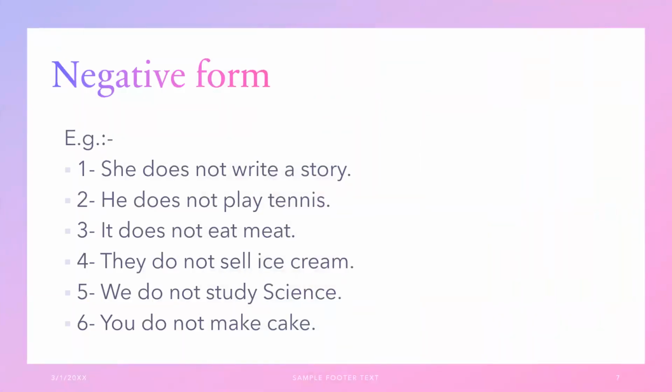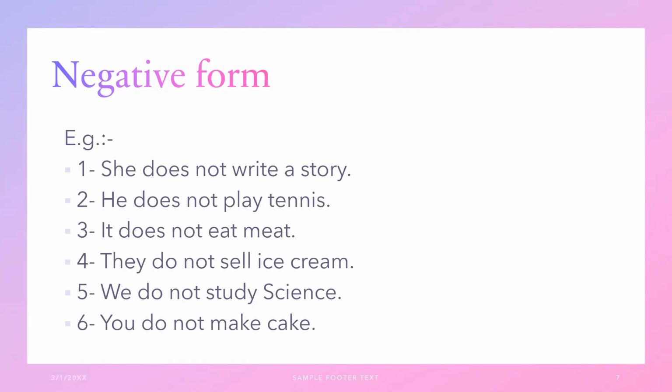Next, we will be seeing the negative form of sentences written in simple present tense. Example number 1. She does not write a story. So, when we write a sentence in negative form, we add the word not. And in negative form of simple present tense, we do not add s or es to the end of the verb in sentences with subjects which are singular.